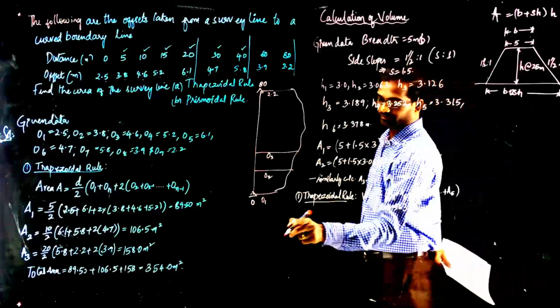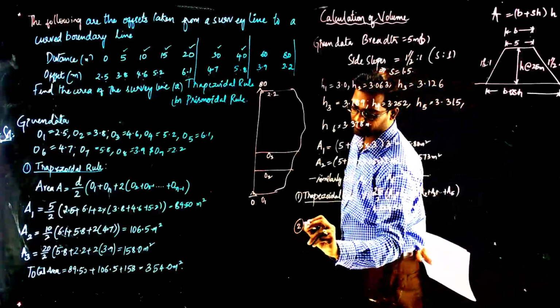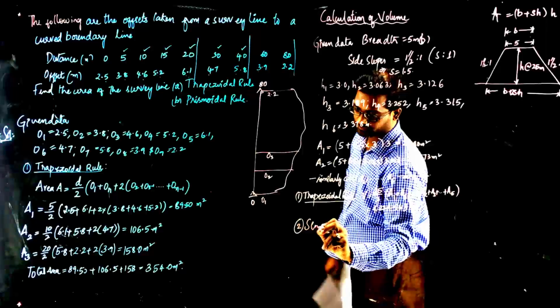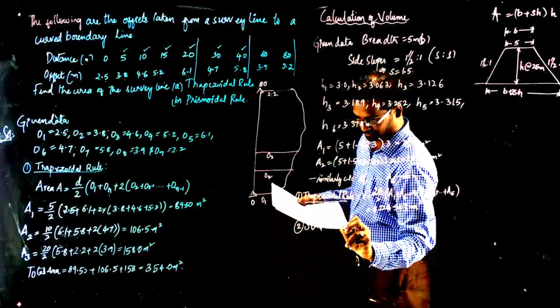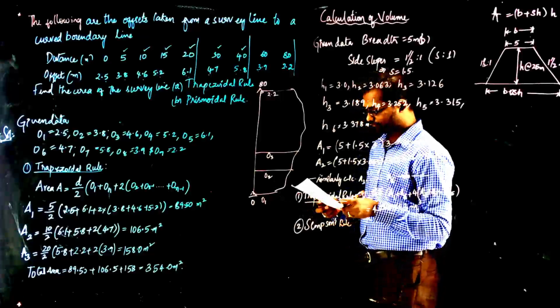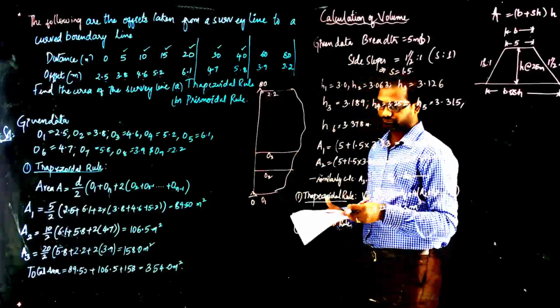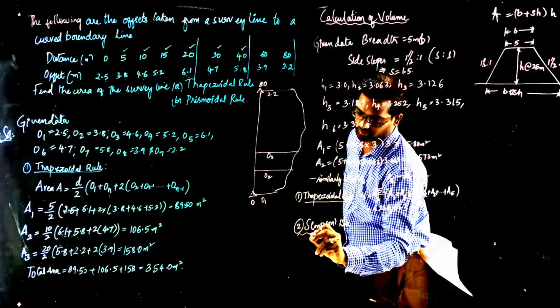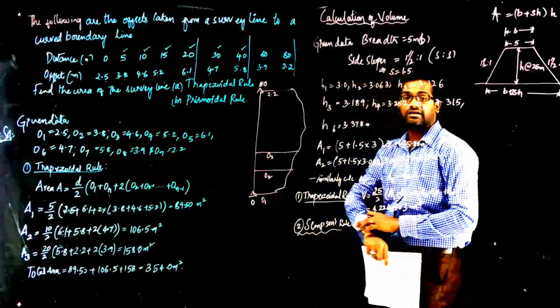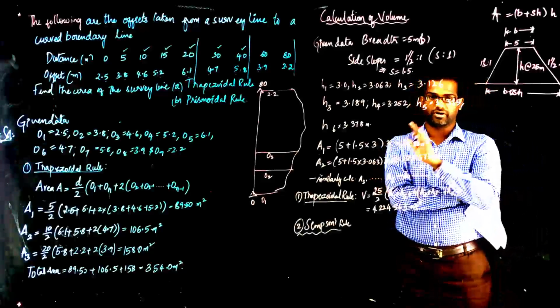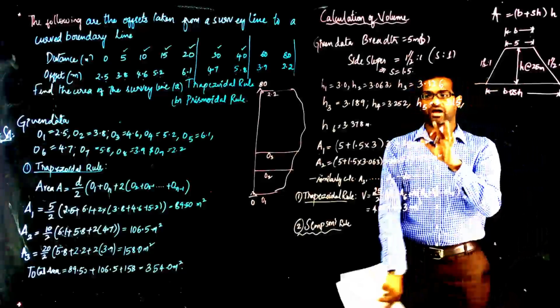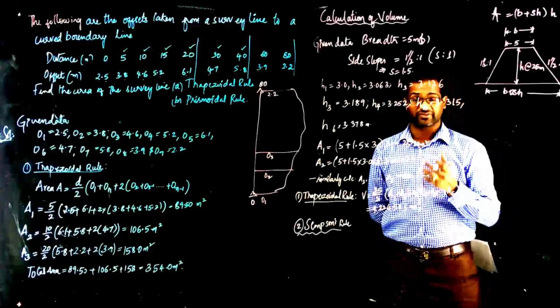Now similarly, Simpson rule says, I said that Simpson rule is only applicable or gives an accurate value when you have odd numbers of ordinates, but we got even.